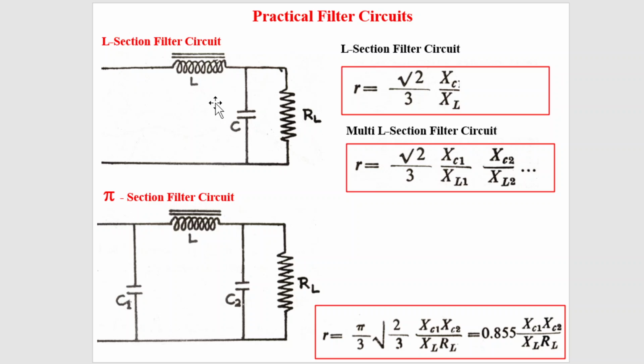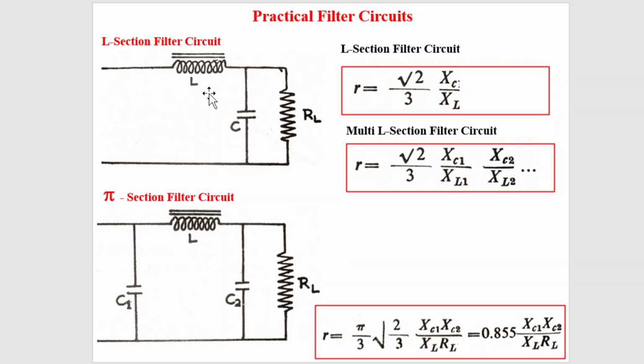In the L section filter circuit, you connect an inductor and capacitor in an L shape with a load resistance. The inductor is connected in series with the load resistance, the capacitor is connected in parallel with the load resistance, and the combination of inductor and capacitor should be an L shape. Okay, so this circuit is known as the L section filter circuit.